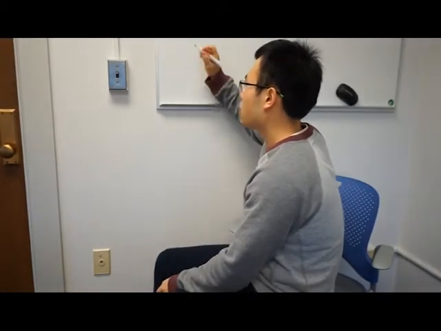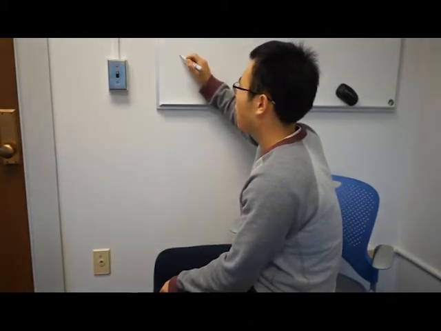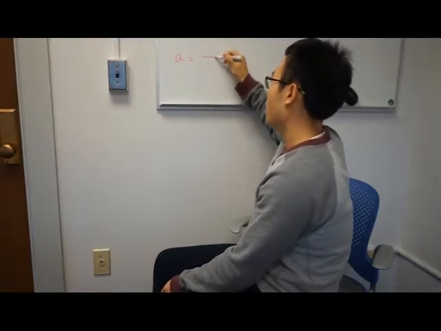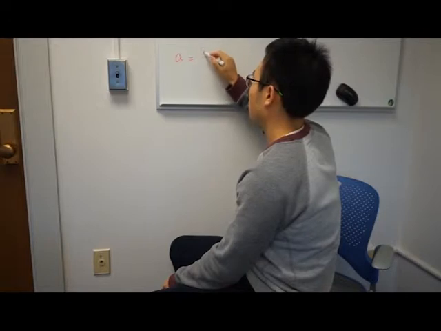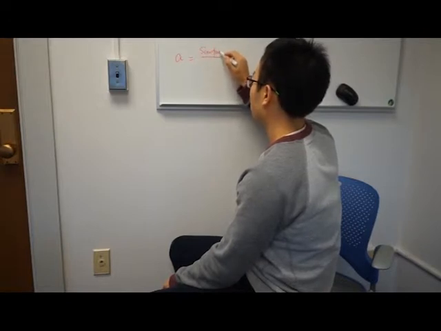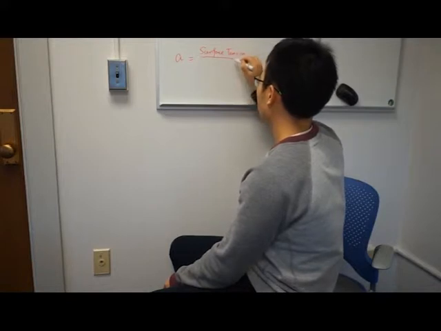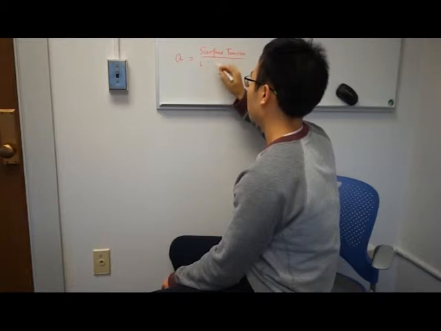So let's say this characteristic number is described by a letter A, which equals, upper here is the surface tension or surface traction, and down here is volumetric strain energy.